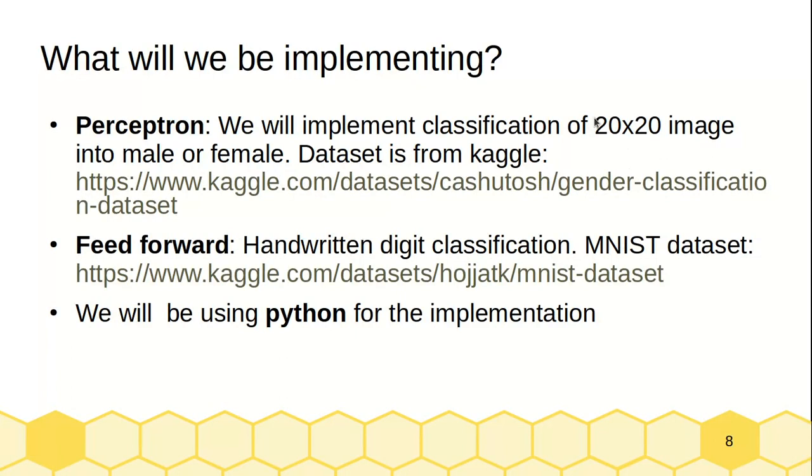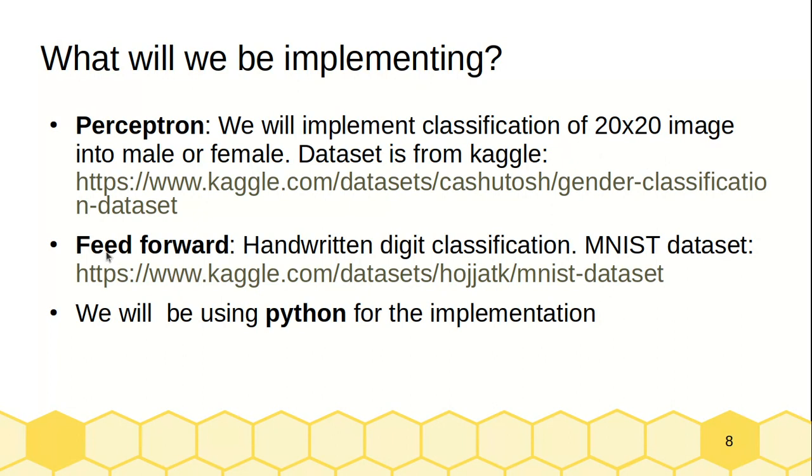This was the original motivation of the perceptron machine. They wanted to categorize male and female with a camera that had a sensor area of 20 by 20, and we'll try to mimic the actual implementation.